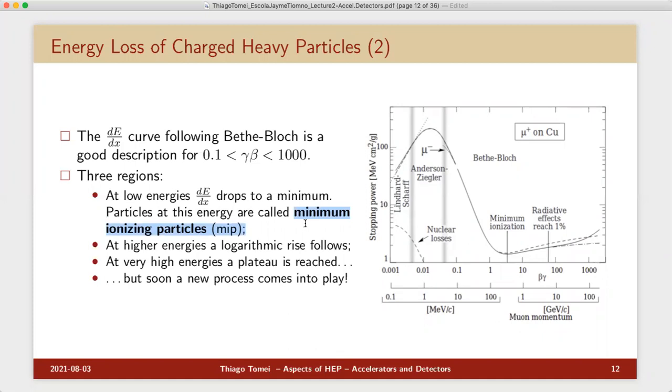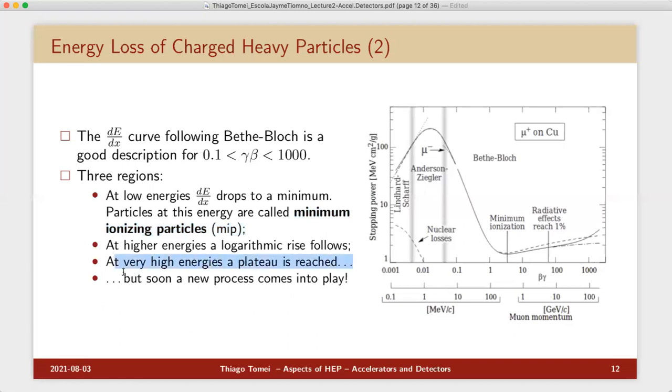Charged particles that mainly interact electromagnetically deposit a minimum of energy, which is enough to ionize atoms in the bulk material. And then you get a logarithmic rise here, and at very high energies, you have a plateau.